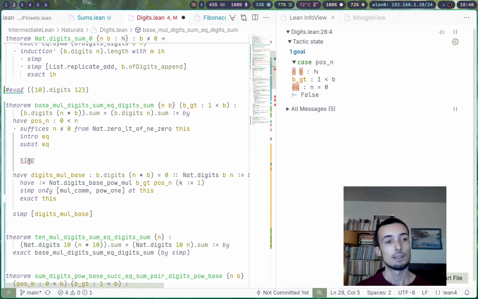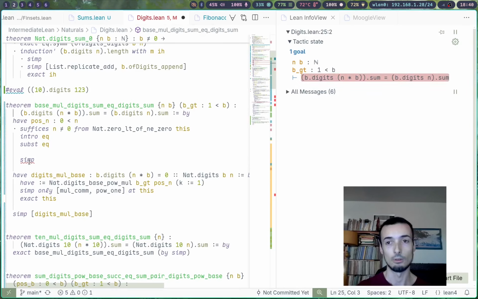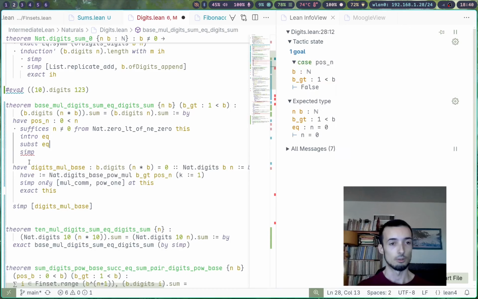In this case, we have a problem here because I don't see the original goal. I don't think we can actually do this unless we do some kind of by contraposition to get the original goal. So that's okay. We'll just go back to what we had.